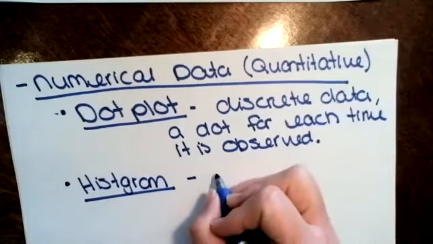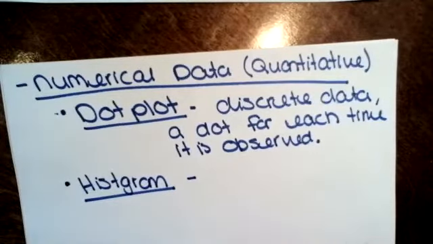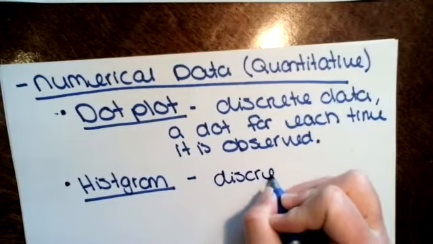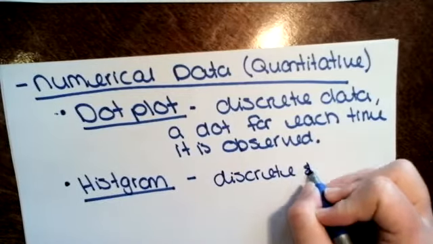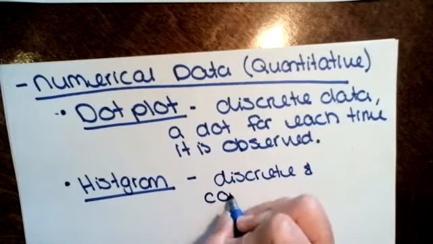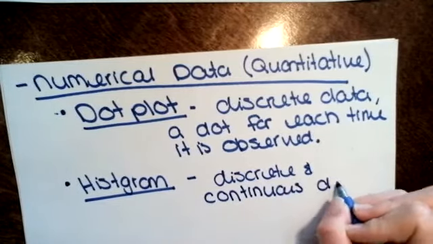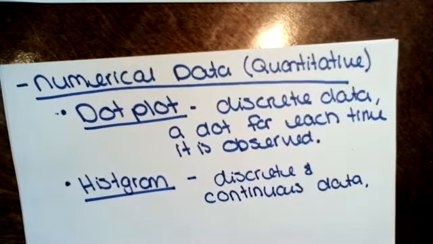The histogram can be used for both types of numerical data. So this is for discrete and continuous data. Okay, and since it's very similar to the bar graph, you're going to use the frequencies or relative frequency for the height of the bar.